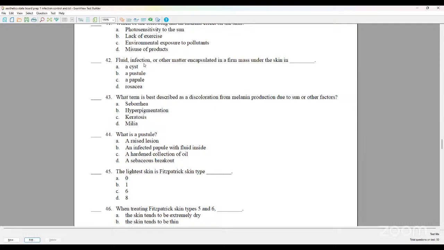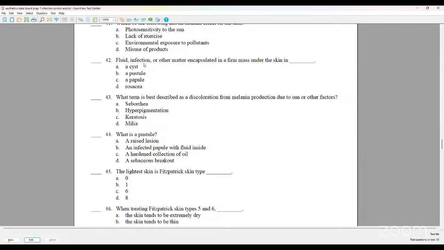And we are going to go with the term hyperpigmentation. That is the term that's best described as a discoloration from the production of melanin, right? So 43 is B. I know y'all be like, Ms. Cost got to do all of this. I'm sorry.